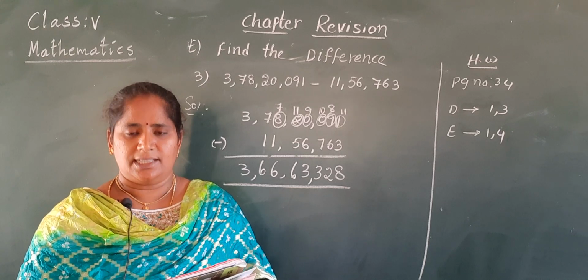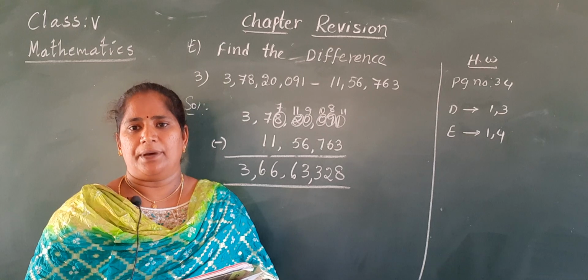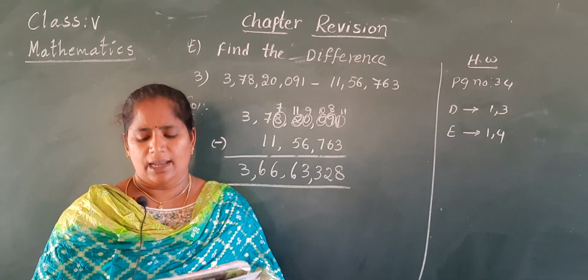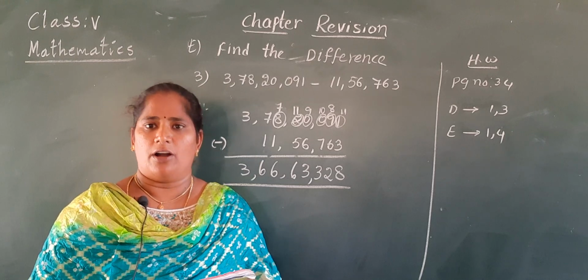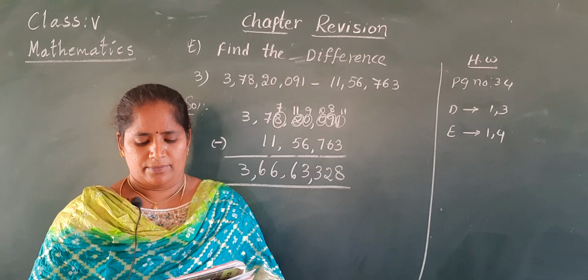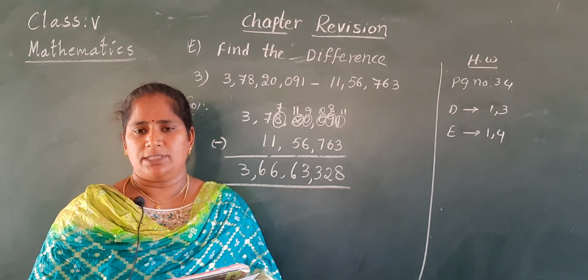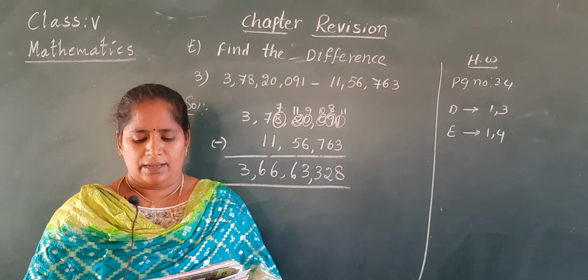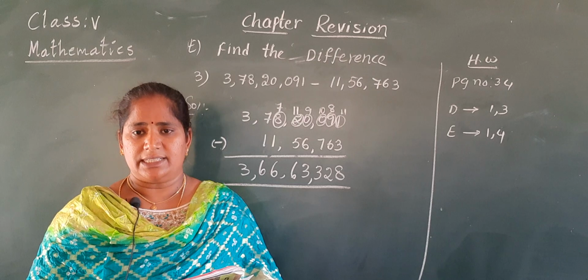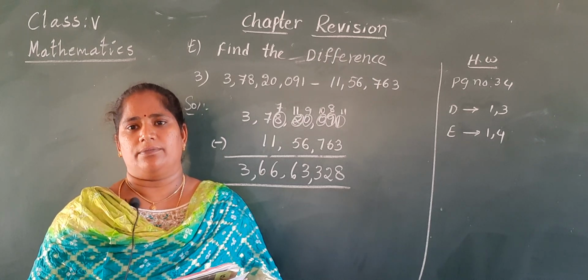How to write? This is the number of bottles, no, Nana. Write the first step: number of bottles produced in first year. Second step: number of bottles produced in second year. Third step: total number of bottles produced.